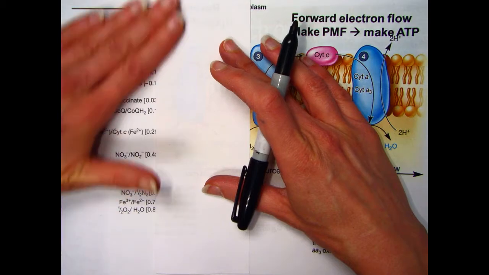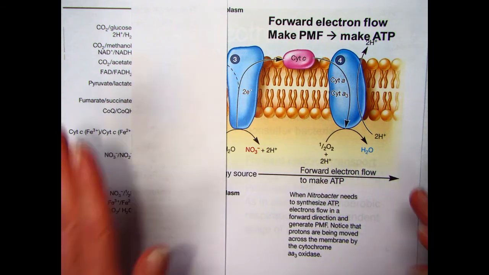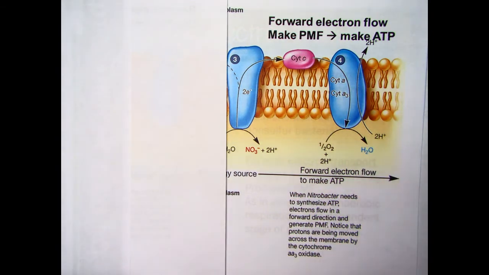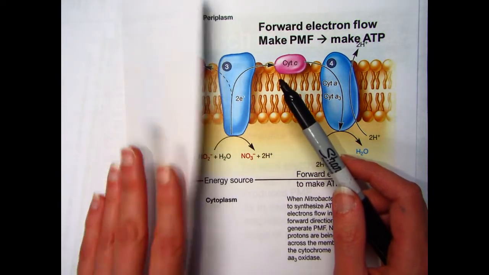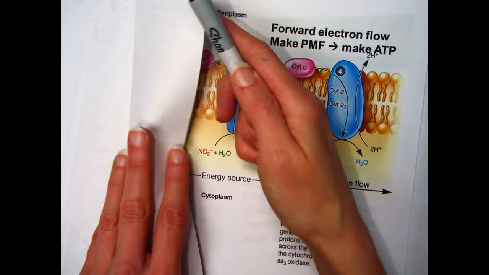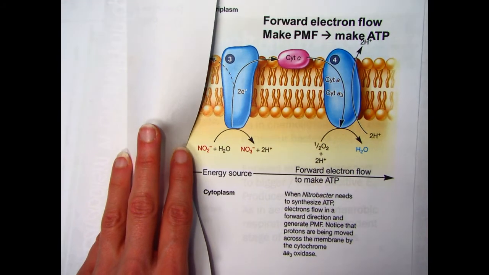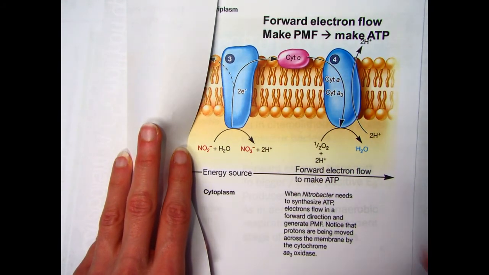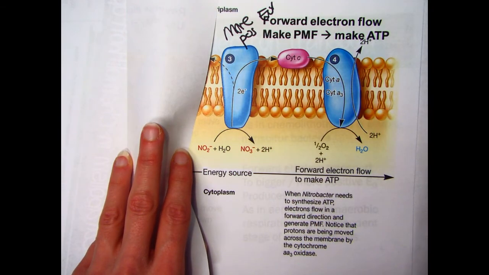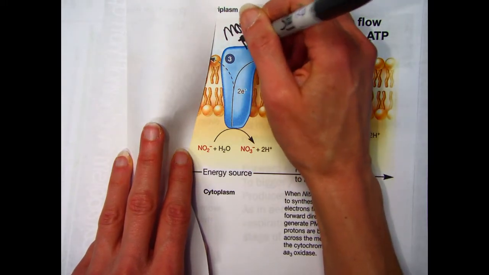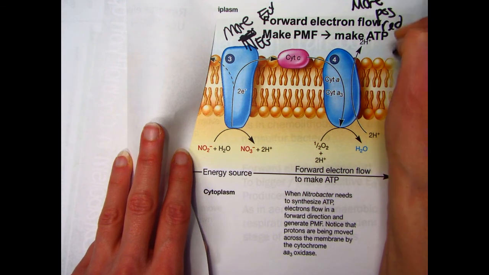Okay, so what they do is they actually have a two-pronged electron transport system. This is the little electron transport we looked at one slide ago, with the nitrite going to nitrate, the electron going to the oxygen, some PMF generated. This is electron transport going from more negative reduction potential to more positive reduction potential.